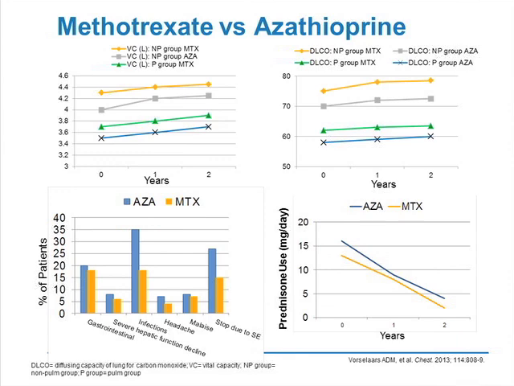However, on the bottom left panel, you can see that the patient intolerance and side effects were slightly higher with azathioprine than with methotrexate. Nonetheless, the bottom right panel depicts similar corticosteroid-sparing efficacy of both agents.